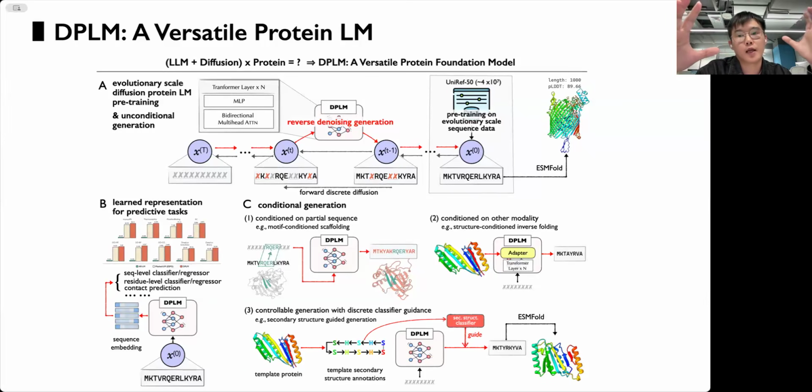After that, we can use our model to generate protein sequences, to provide better learned representations for downstream tasks, and we can condition our model to generate under multiple conditioning scenarios, for sequences for various needs.